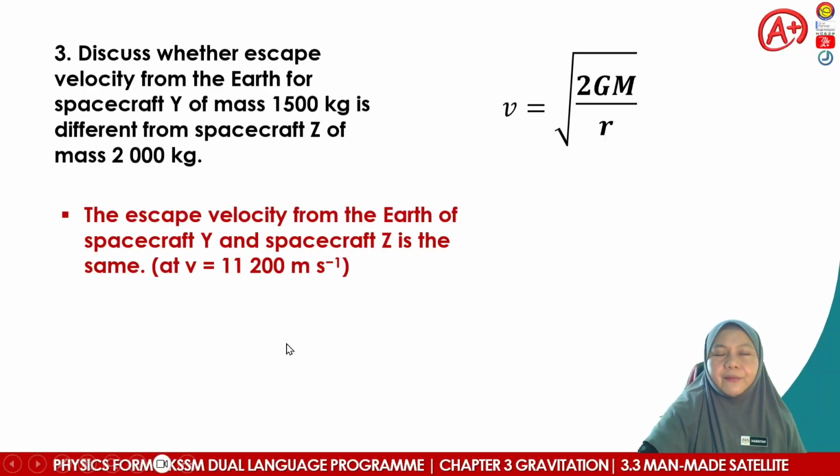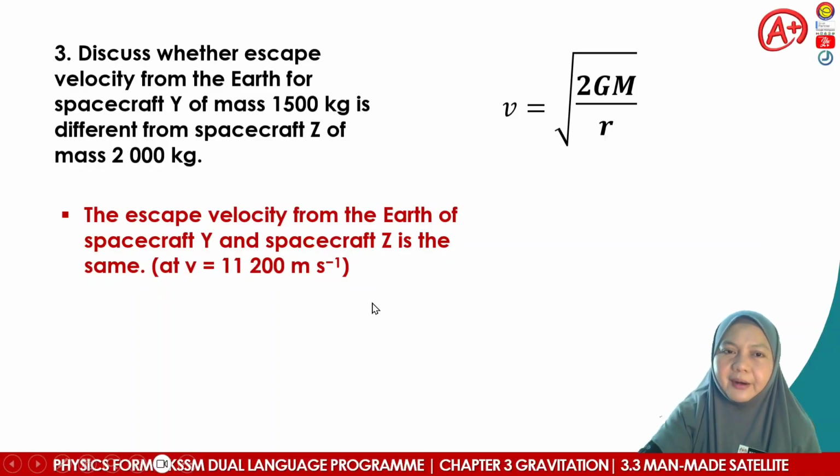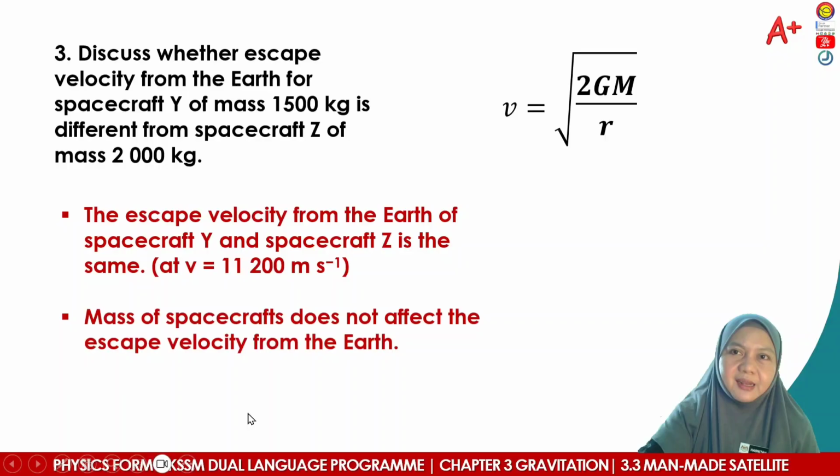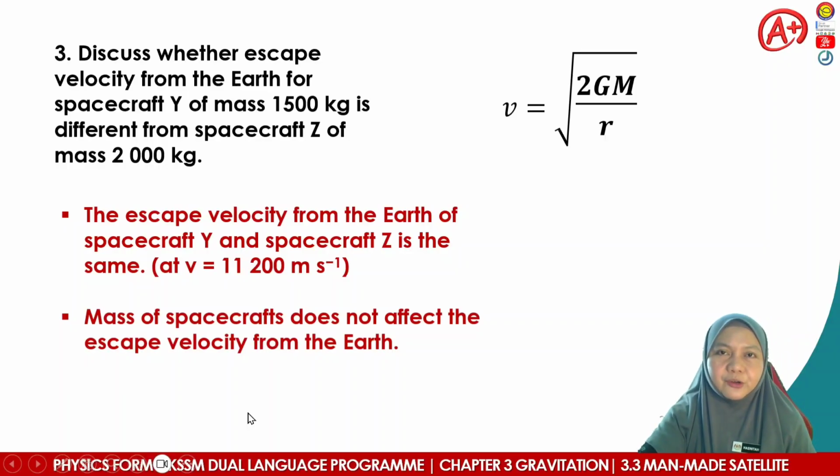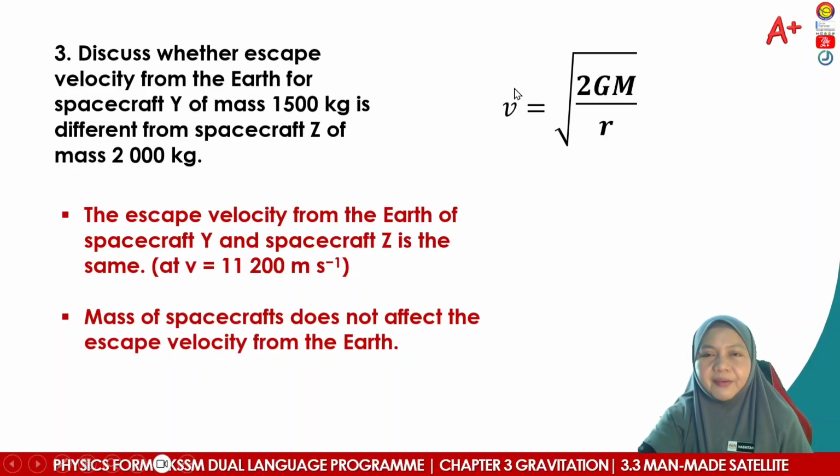Student, from our understanding, the escape velocity from the Earth of spacecraft Y and Z is the same, which is 11,200 meter per second. And here, I want you to clarify that the mass of the spacecraft does not affect the escape velocity from the Earth, because the factors that affect the escape velocity are the mass of the Earth and the radius of the orbit.